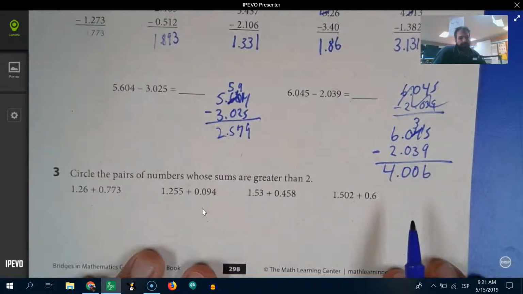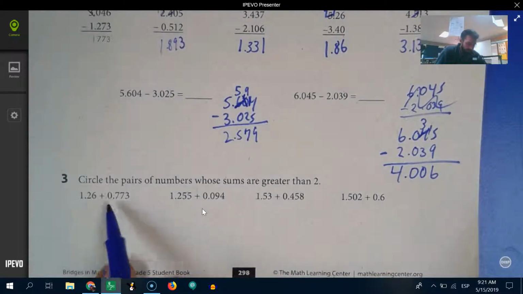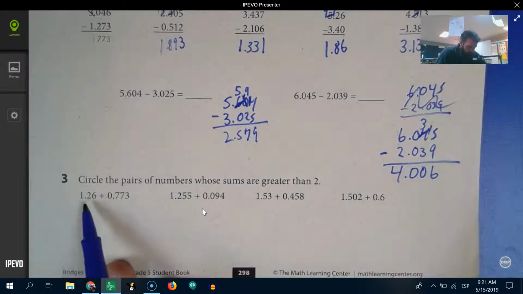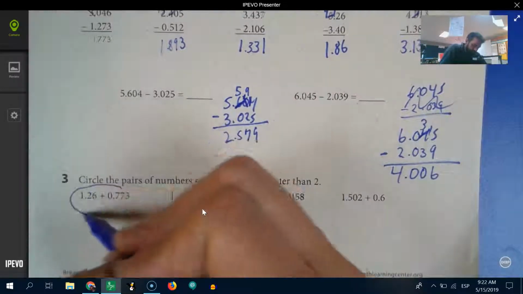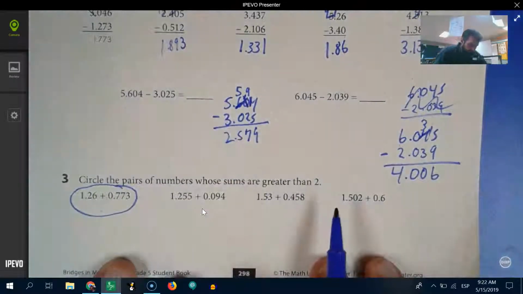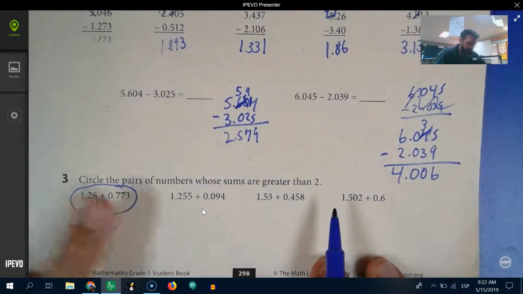Circle the pairs of numbers whose sums are greater than 2. Alright, so we have 1.2 plus 0.7. Ooh, that's close, isn't it? Maybe 3, 13. Yep. Well, I guess 2.5 plus 0.75 would be 2, so those are both greater.